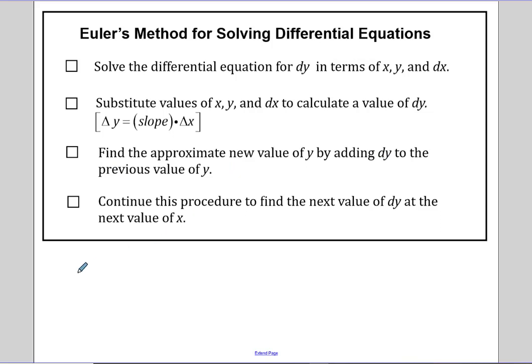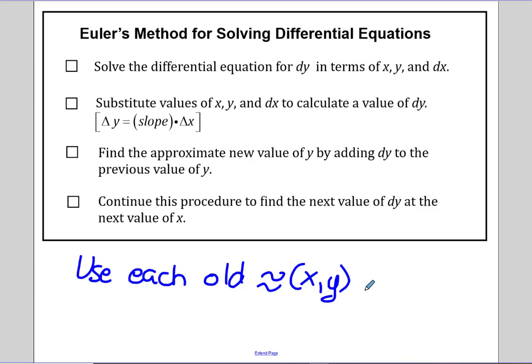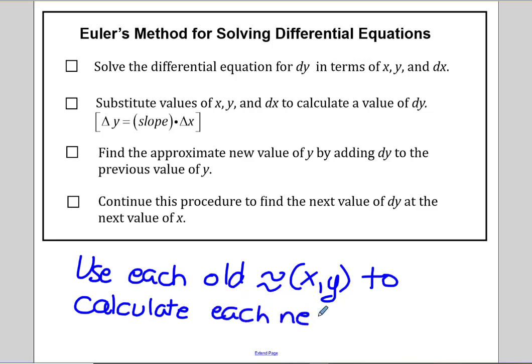So this is what we did on the table. So the trick is to use each old approximate xy ordered pair to be able to calculate each one of the new approximate changes in y. Okay? So that's the procedure.